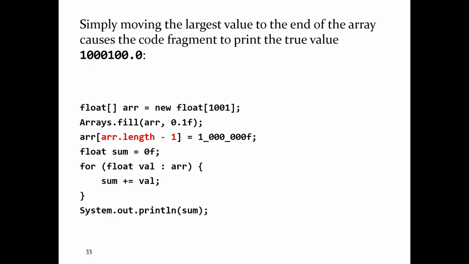So the first sum starts out with 1 million. When you add 1 million and 0.1, the 0.1 is a lot smaller than 1 million. So when you compute that sum, you don't get all of the 0.1, like I showed you earlier in the lecture.